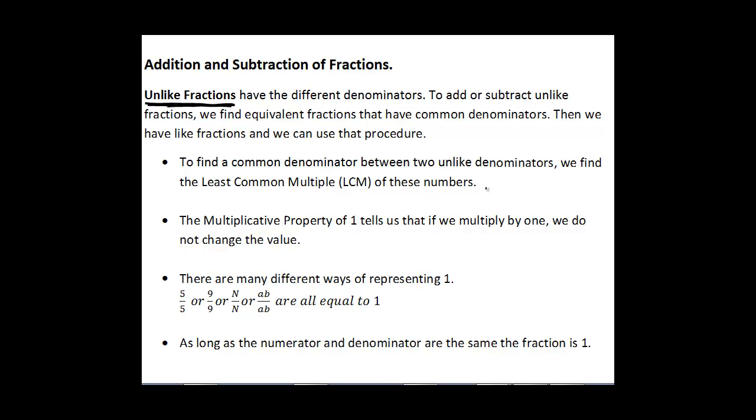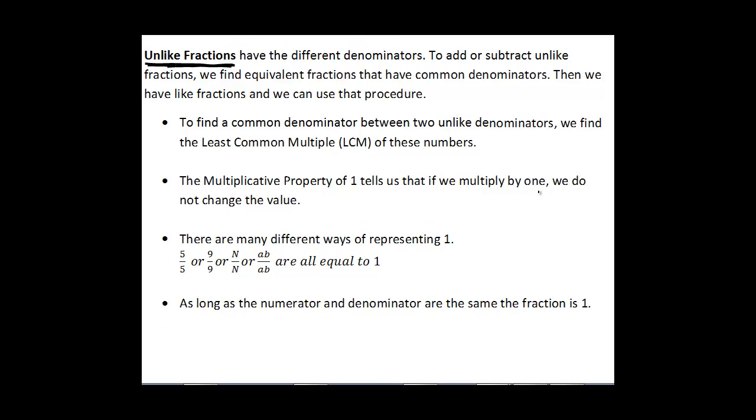To find a common denominator between two unlike denominators, we find the least common multiple of these numbers. And the multiplicative property of 1 tells us that if we multiply by 1, we do not change the value. And that's the concept by which we make equivalent fractions. And there are many different ways to represent 1. We can have 5 over 5, or 9 over 9, or n over n, or ab over ab.